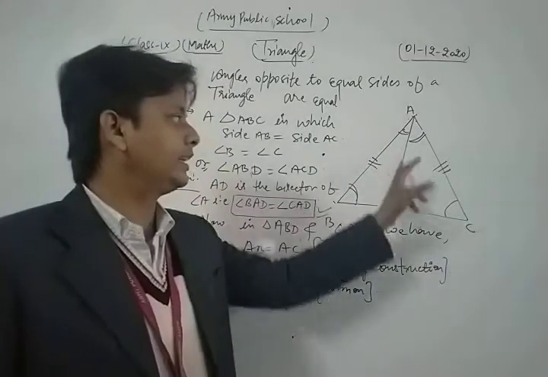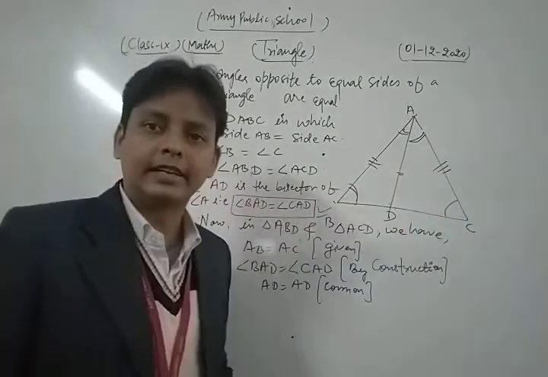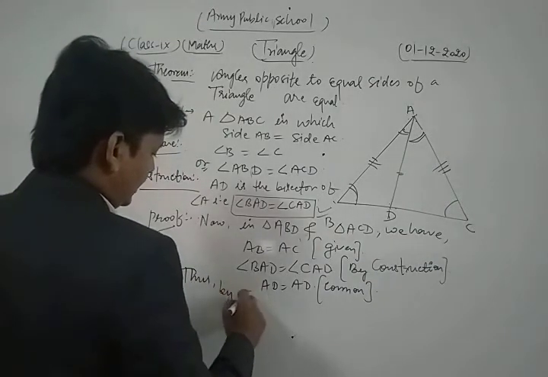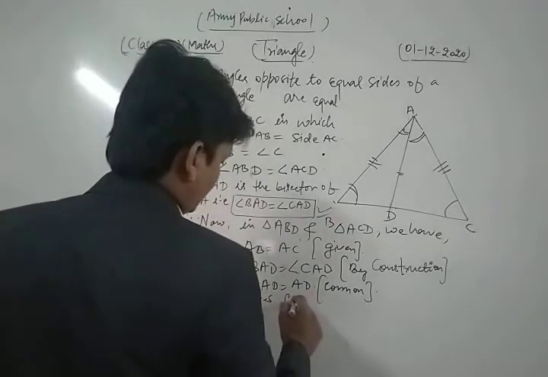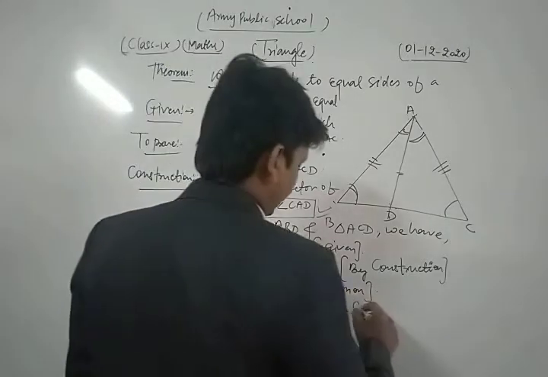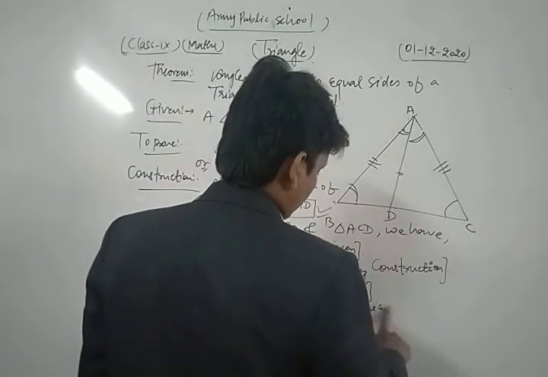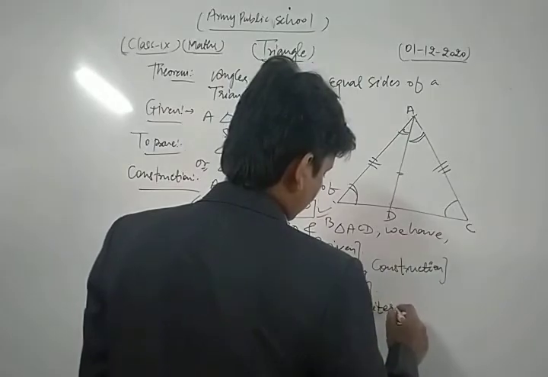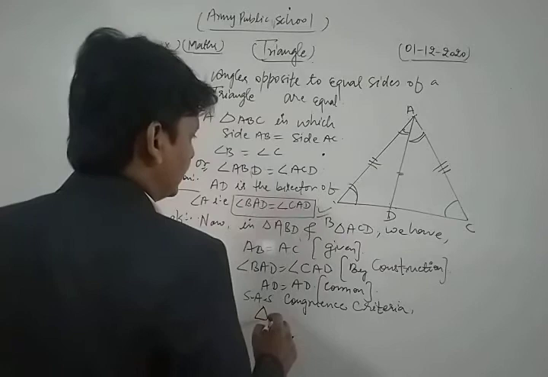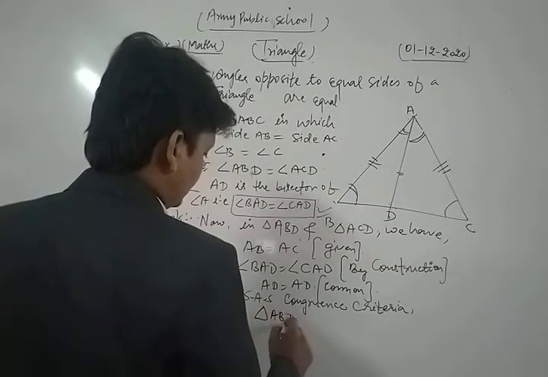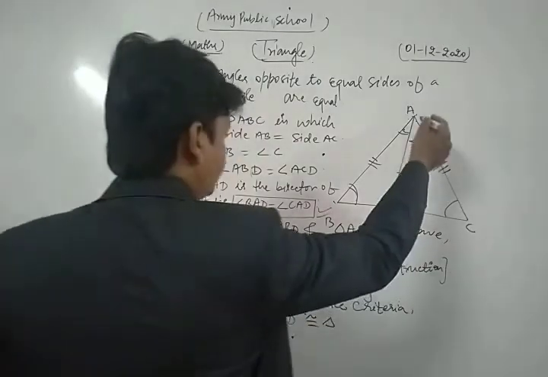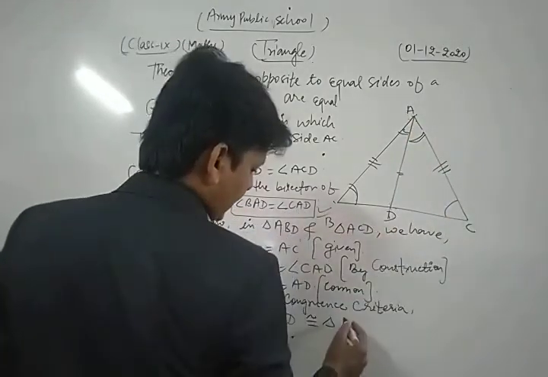Thus, by which congruence criterion? Thus, by the SAS congruence criterion, triangle ABD is congruent to triangle ACD.